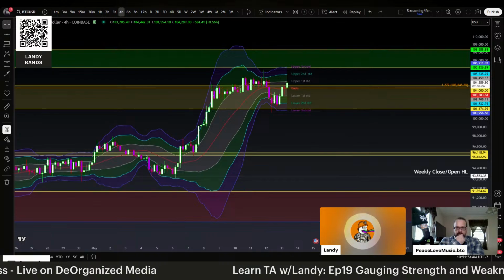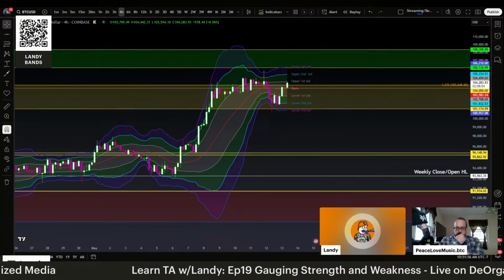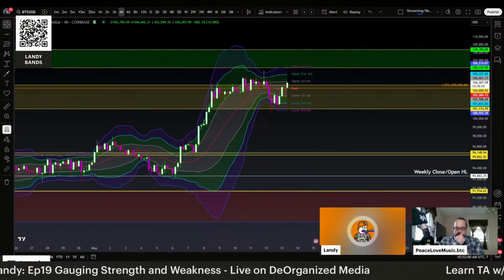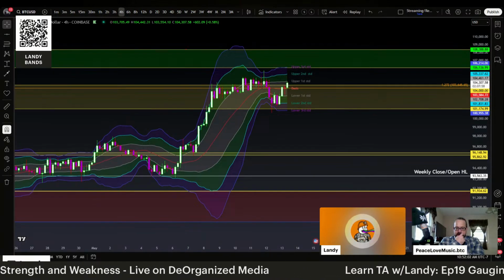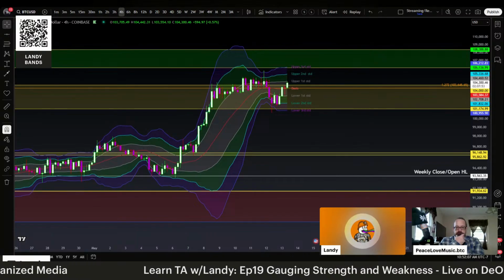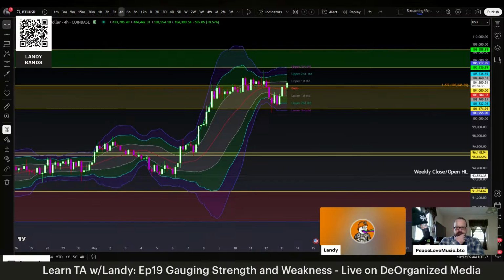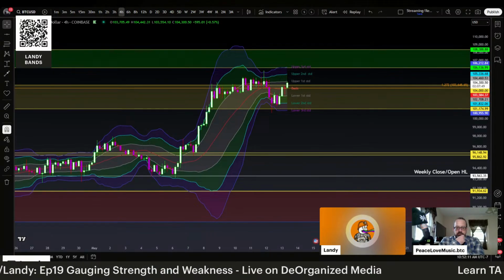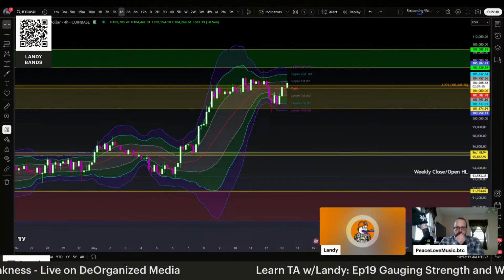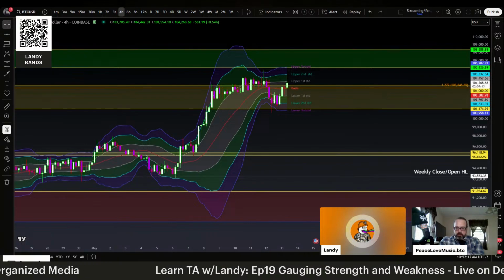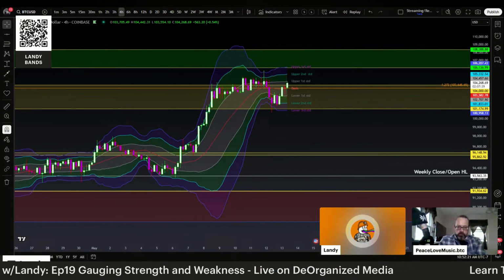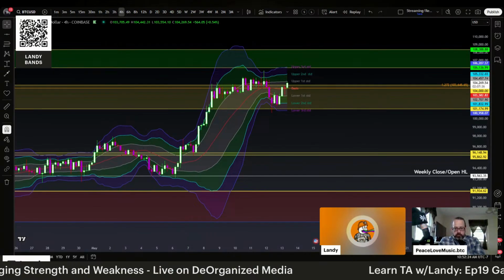So it's about identifying probabilistic setups and defining criteria that meets the confirmation of that setup, right? And that's going to look different on different time frames for different traders, right? And it's also going to look different based on your risk profile, and your appetite for risk.